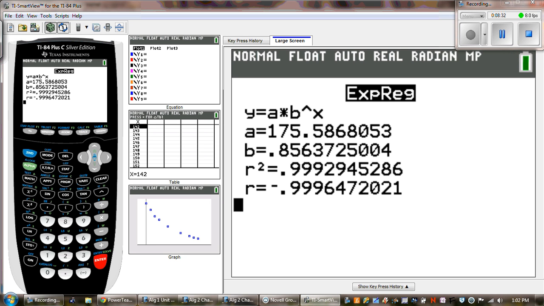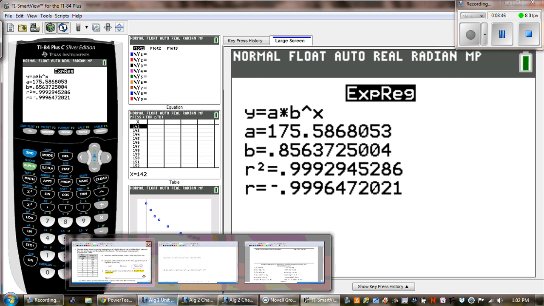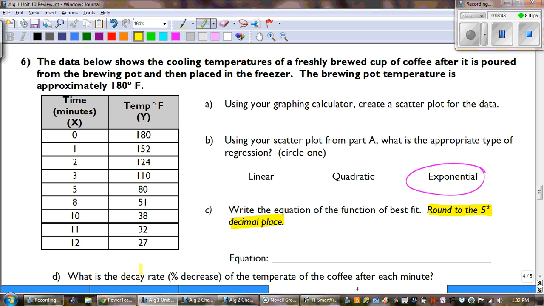And there we go. For this one, be careful with your rounding, okay? Pause it if you need to, or rewind.